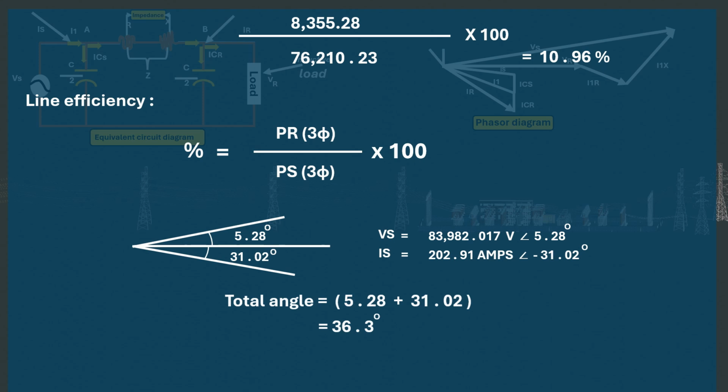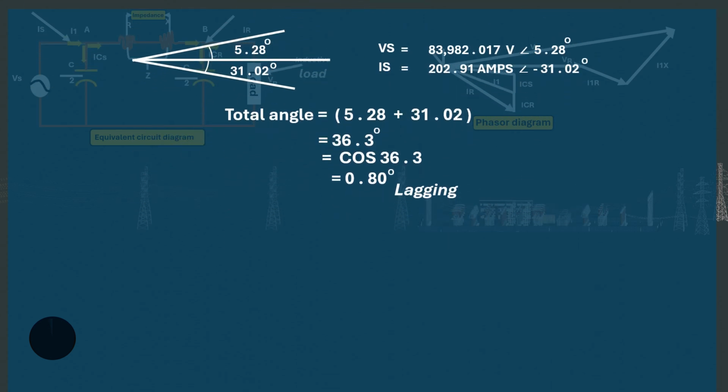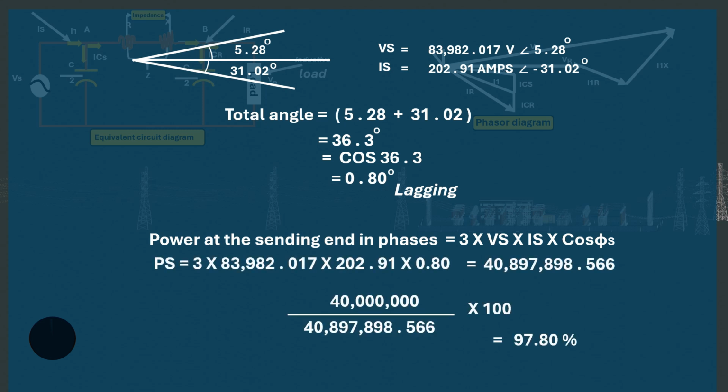So when we add both angles here, we will have an angle of 36.3 degrees, and the cos of 36.3 is 0.80 lagging. Now that we have our combined phase angle for voltage and current, we can calculate for the sending end power, which will be 40.89 megawatts. So we can now calculate for our line efficiency, which will be 97.80%.